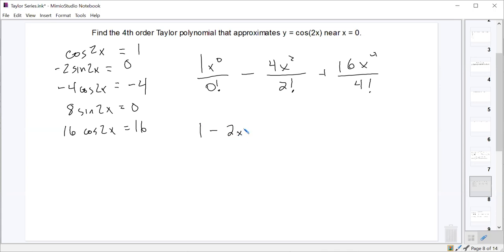1 minus 2x squared plus what? What does that come out to be? 4, 6, so 2 thirds x to the 4th. Does that look right?